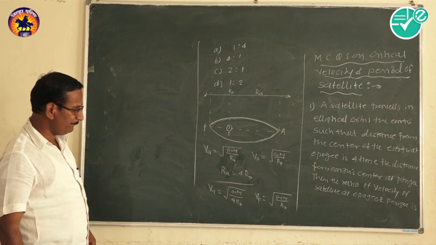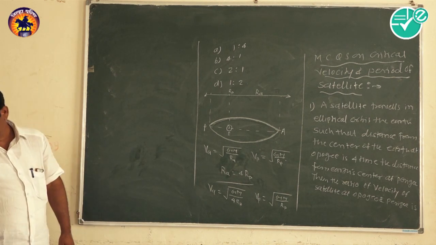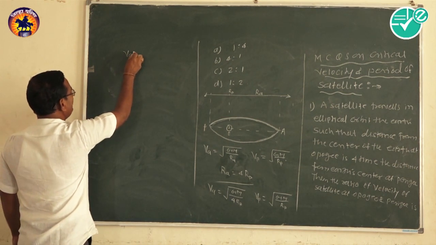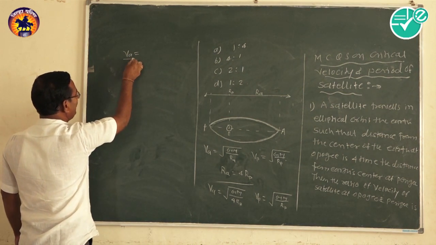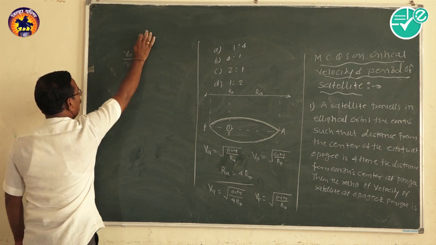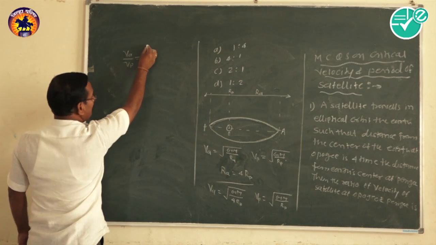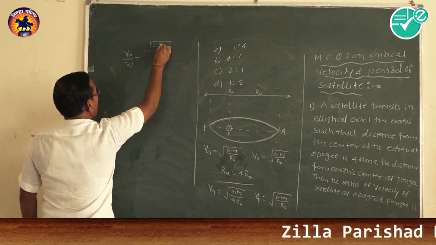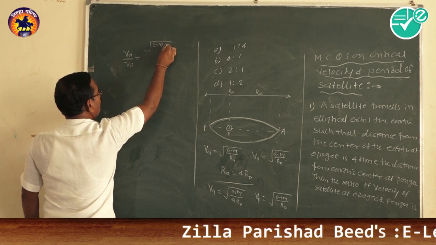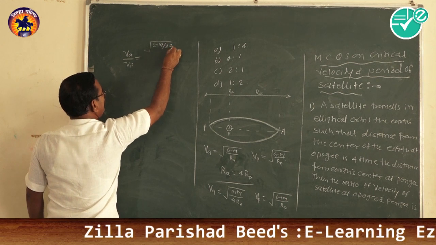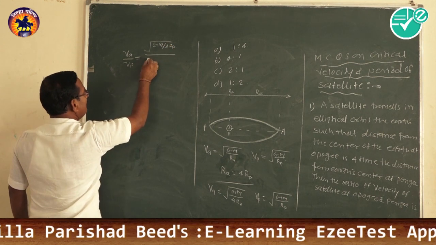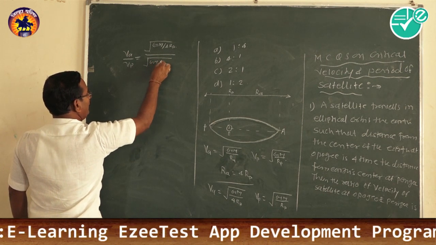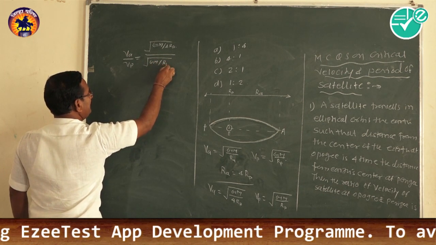Then we compare these two velocities: VA by VP is equal to under root GM upon 4RP, and under root GM upon RP.